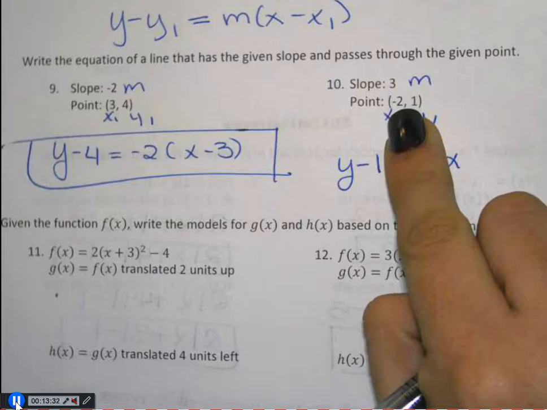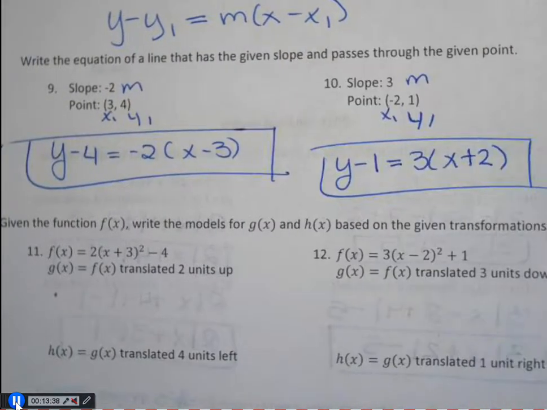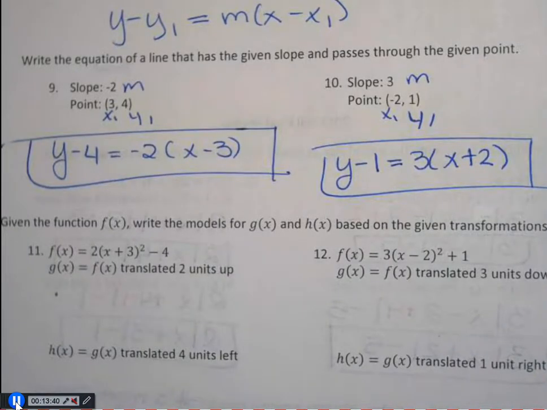So I want to subtract negative 2. So in the parentheses, I'm going to write plus 2. And that's my answer.